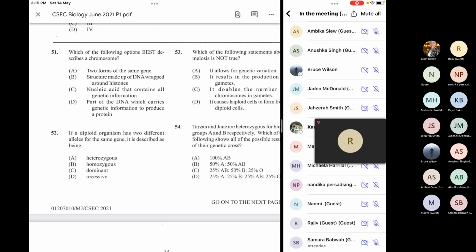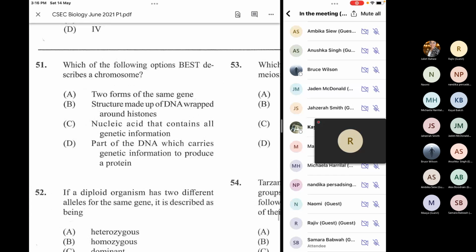That actually is the chromosome too. So let me just check this over. It cannot be two forms of this. Now remember, this one will have the word best, so it will have something where two are close to the answer. Two forms of the same gene, that would be allele. Part of the DNA which carries genetic information to produce a protein. No, that can be chromosome. So it's between B and C.